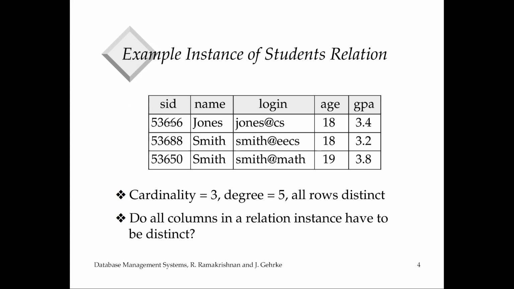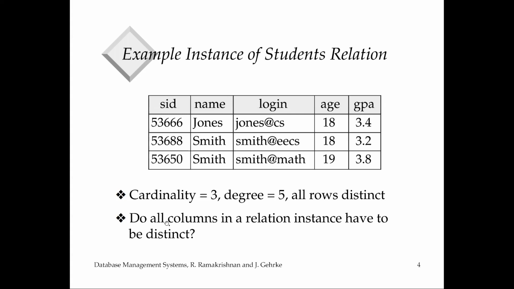As you can see, the important thing is that you have your columns here, and then you have the data, which is represented in rows. Okay, so this would be the student relation. And relating back, the cardinality is 3, because the cardinality is the number of rows in the relation, in the table, whichever way you want to look at it. And the degree is 5, because the number of fields is 5.